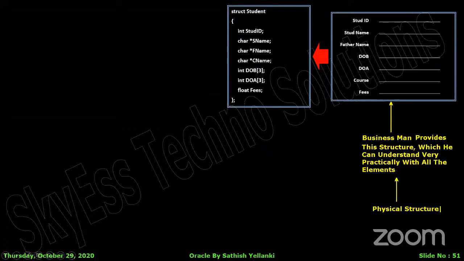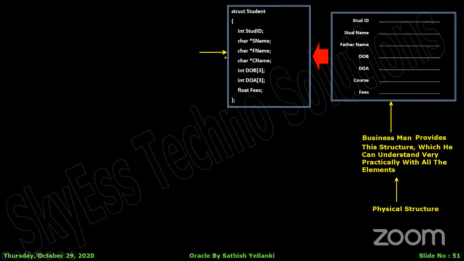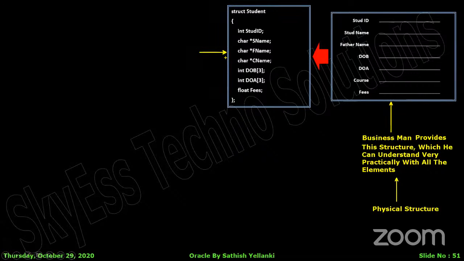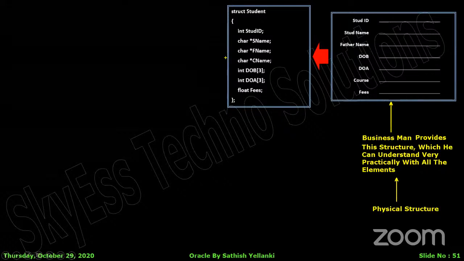Now let us say, after I developed this structure, one day my businessman was speaking with me and asking me, Satish, I gave you some problem the other day, can you show me how you're developing it? I said, sir, it's going very wonderfully, don't worry.